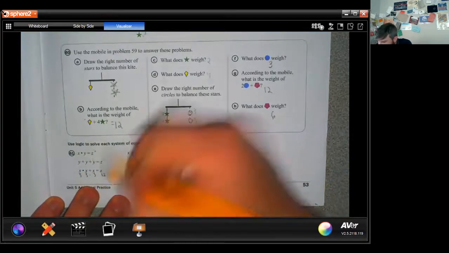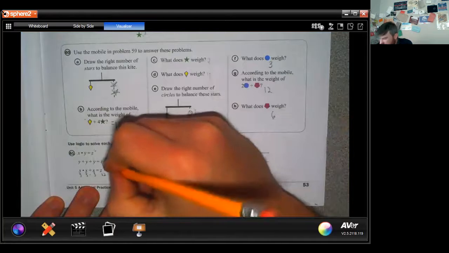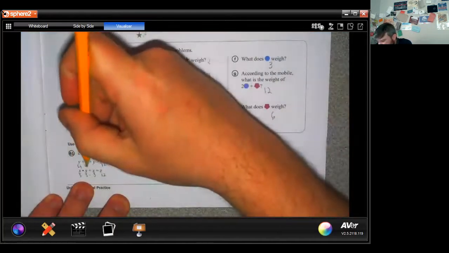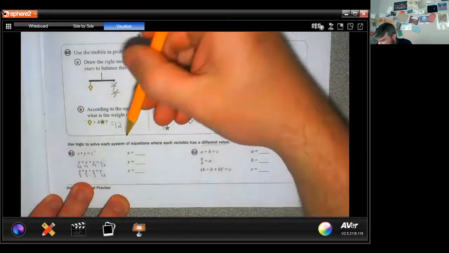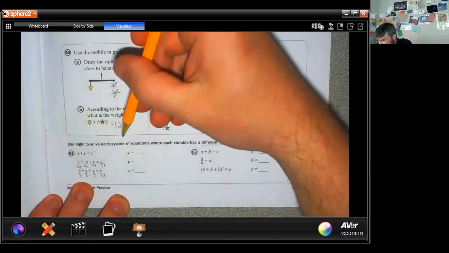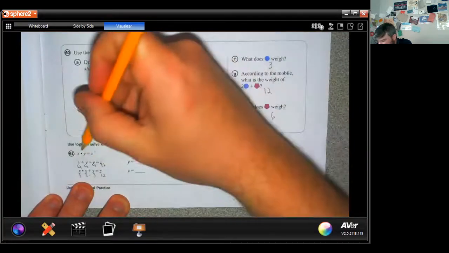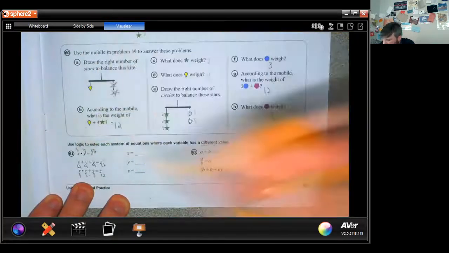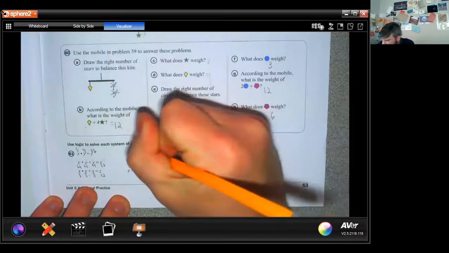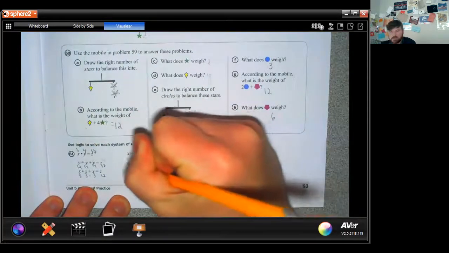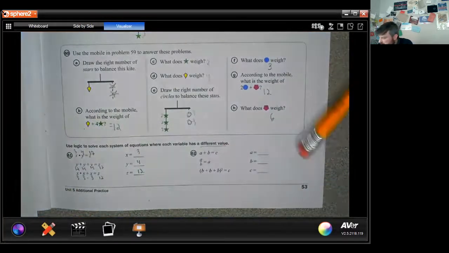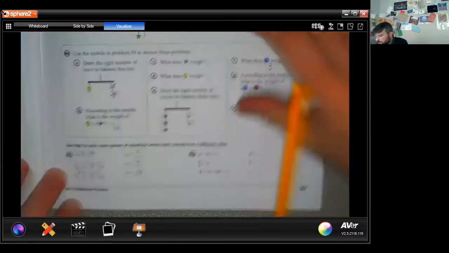So if z is 12, this has to be 12. And that means this is 4, 4, and 4. Okay, so this is 4 and this is 3 and z is still 12. So those numbers work. So 3, 4, and 12. Again, it's a puzzle. We can do this trial and error and have things work out.